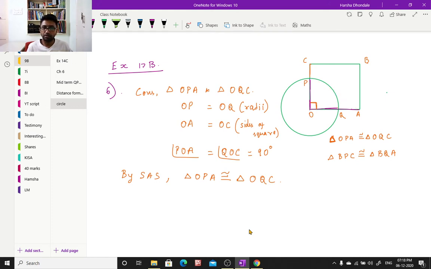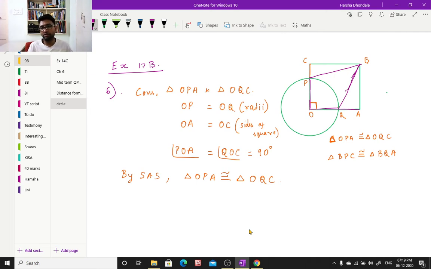Then what is the other part? BPC and then BQA.